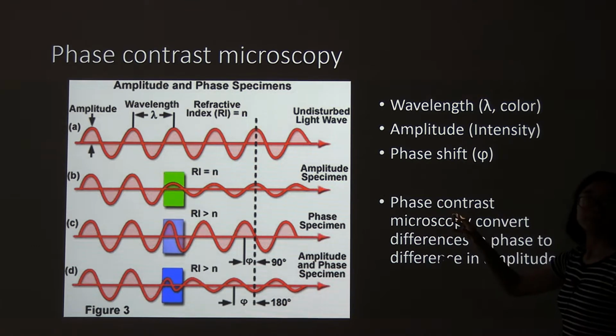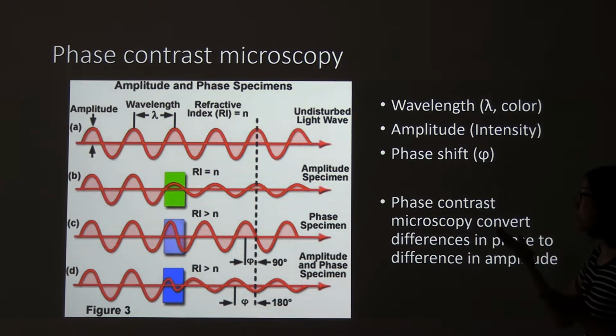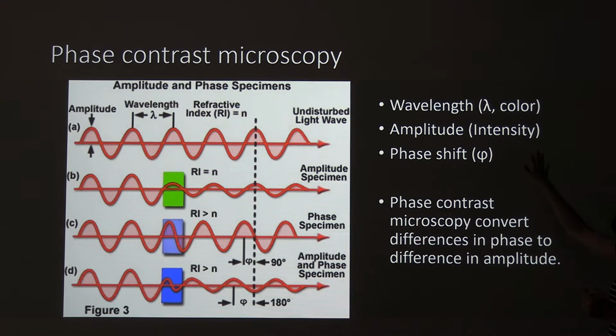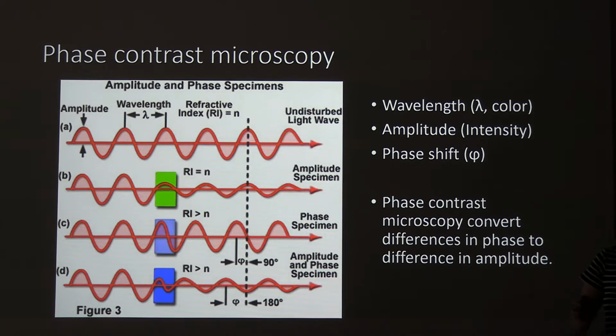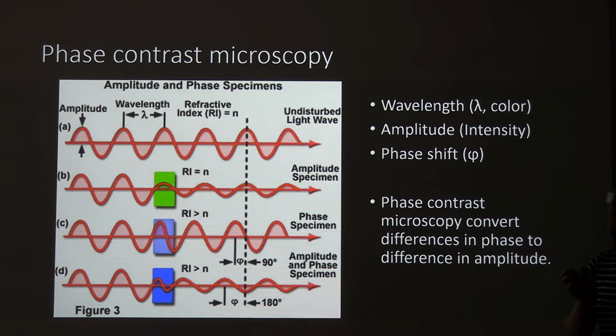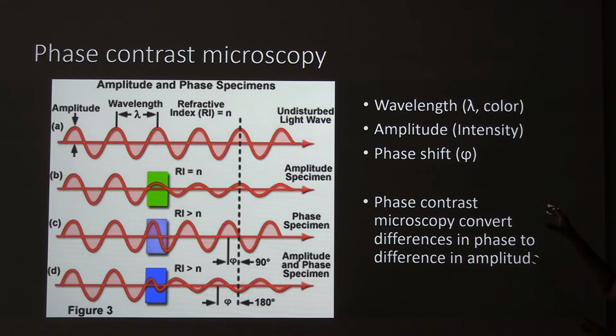So the wavelength gives you the difference. The difference in wavelength gives you different colors. So as you already know, for the purple side or the blue side, they have short wavelengths. And for the red side, it has longer wavelengths.